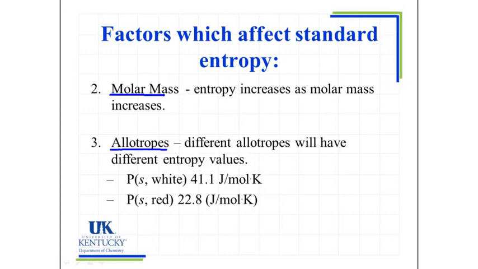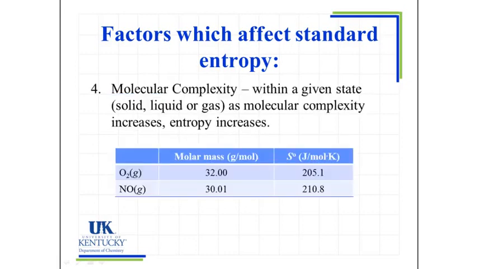Molecular complexity. If you stay within a given state, like all solids or all liquids or all gases, as the molecular complexity increases, the entropy will increase. Well, if we have elemental oxygen here, or we have NO, they have roughly the same molar mass.